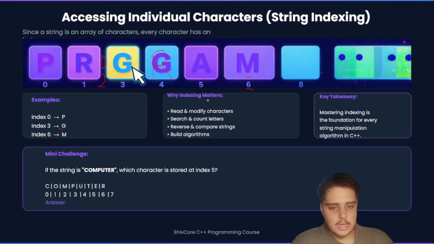So why does indexing matter? It reads and modifies characters, searches and counts letters, reverses and compares strings, and builds algorithms. The key takeaway is that mastering indexing is the foundation for every string manipulation algorithm in C++. Mini challenge for all of you: if the string is computer, which character is stored at index 5?